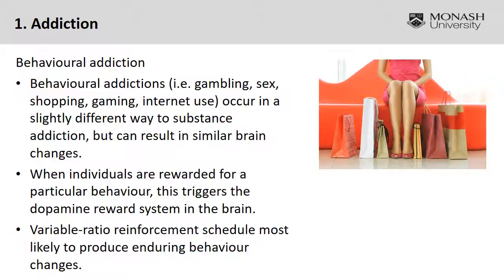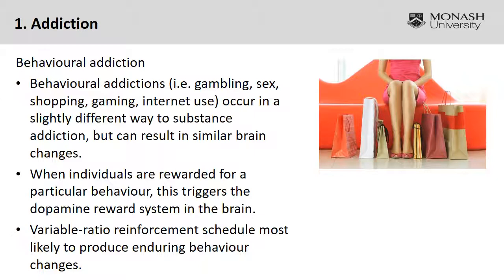It's also important to think about the reinforcement schedule. Depending on how frequently a particular behavior is rewarded, that might create more enduring or more durable behavioral changes. And one of the best ways to create a really durable behavioral change is a variable ratio reinforcement schedule.